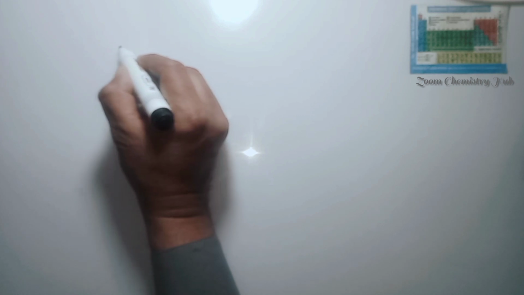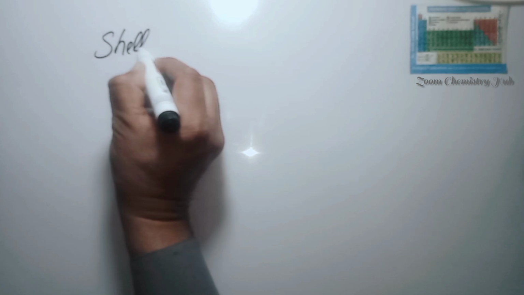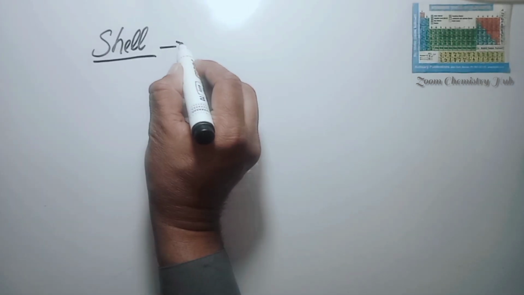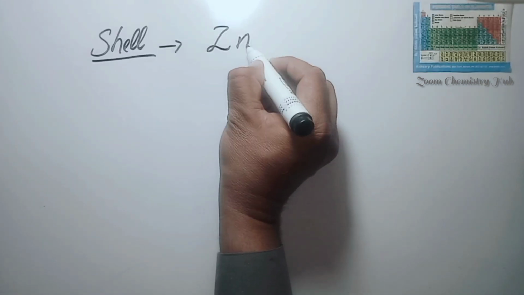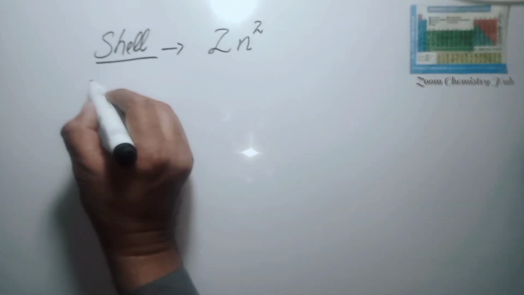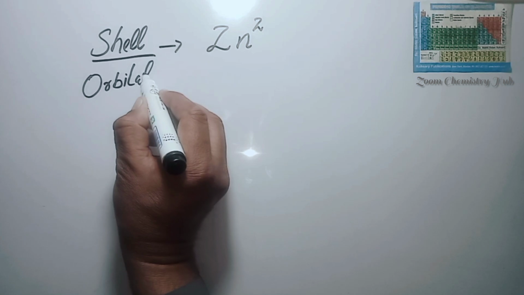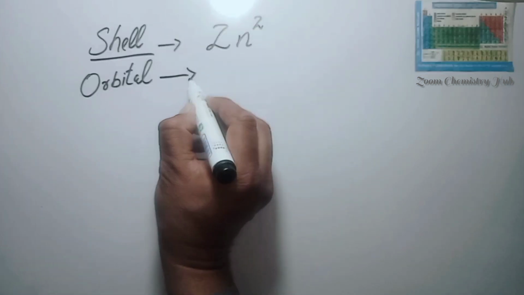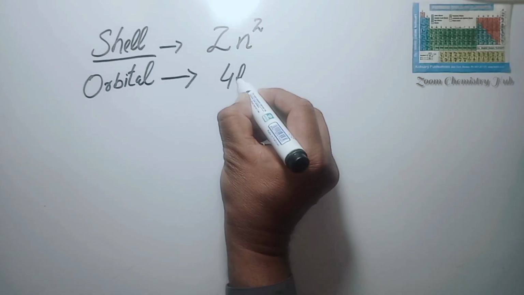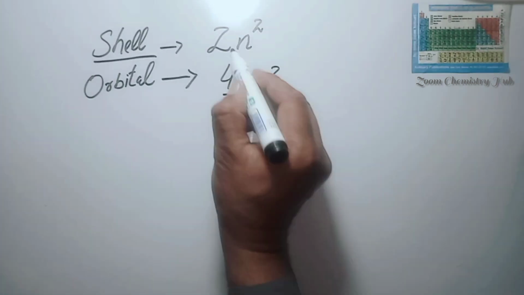In the shell, the distribution of electrons is according to the 2n square formula, while in the orbital the distribution of electrons is according to the 4l plus 2 formula.